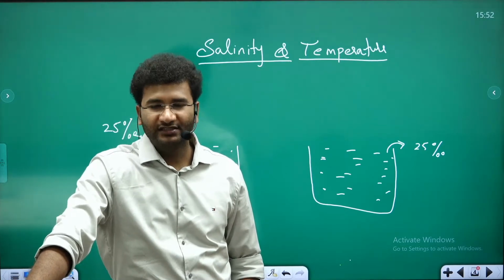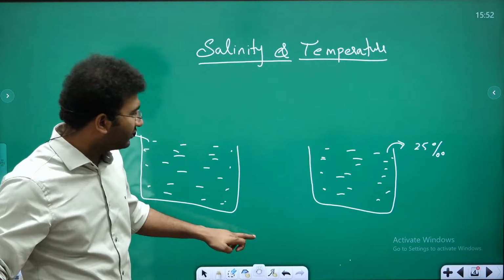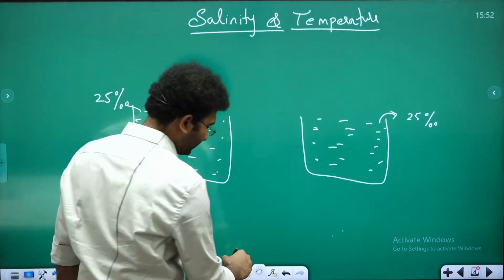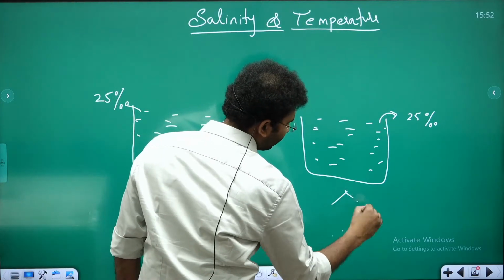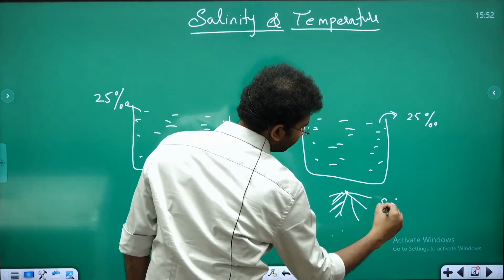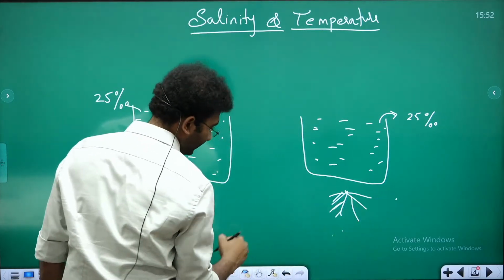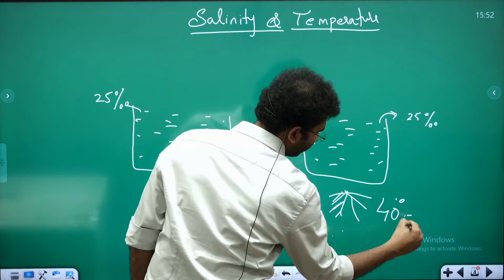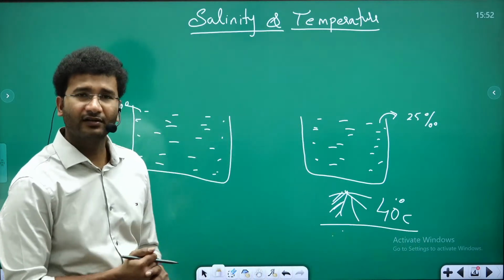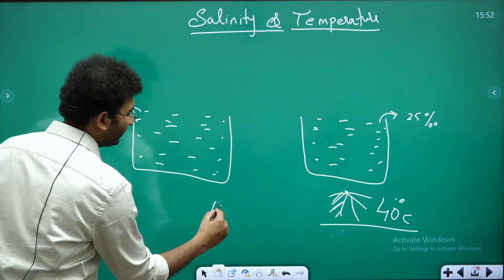Now what I'll do is I'll start to give a higher temperature. Imagine I'm giving a temperature of maybe 80 degrees Celsius, or let's not exaggerate, let's call it 40 degrees Celsius to this particular bowl. And this bowl only has 15 degrees Celsius.